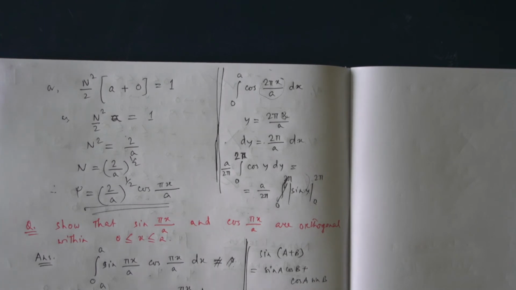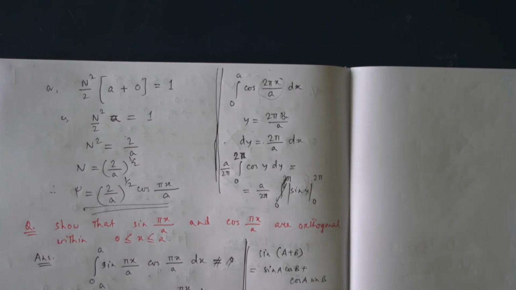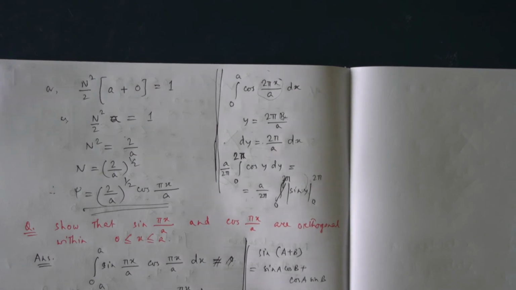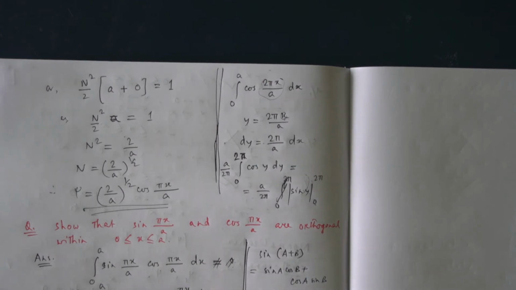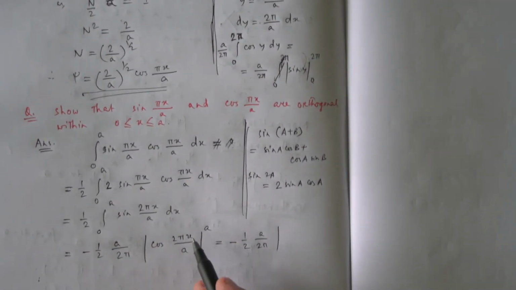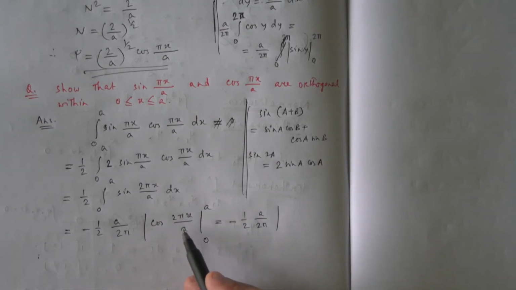So this will be equal to minus half a by 2 pi times cos 2 pi minus cos 0.